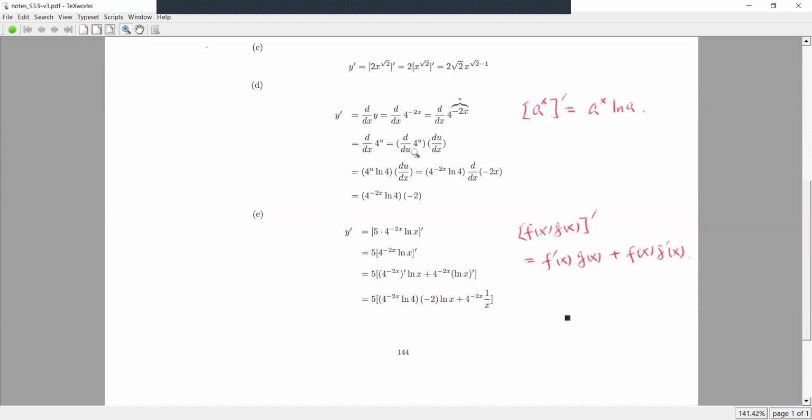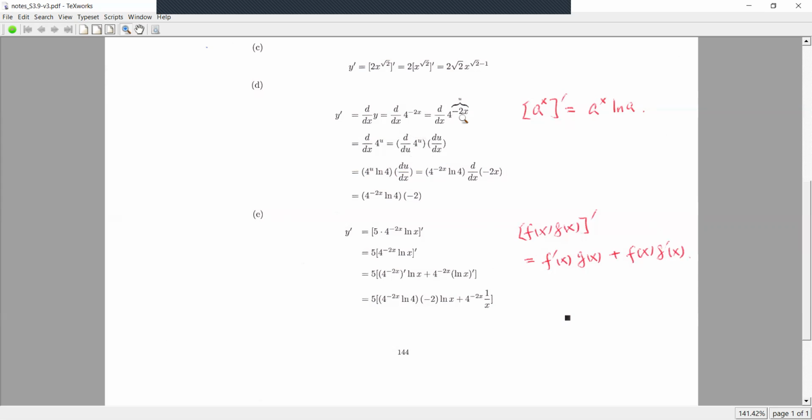This derivative, I can apply the formula here. It is, by the formula, 4 to the u times natural log of 4. Now remove u. By u, I mean negative 2x.